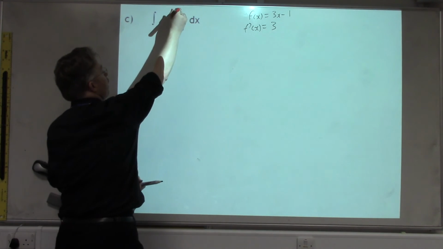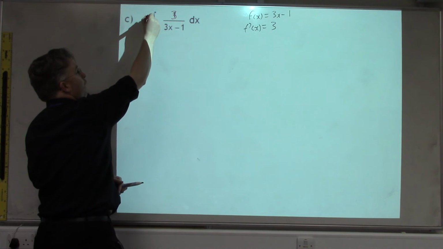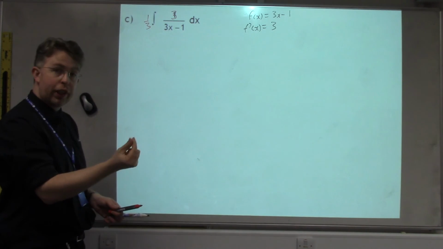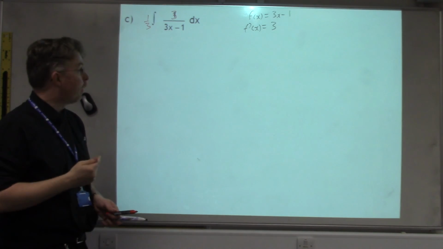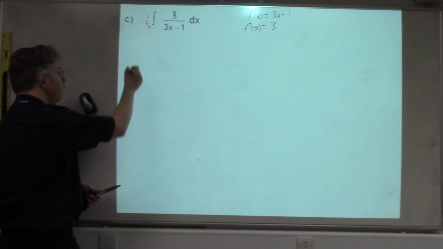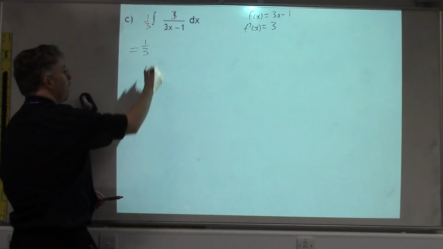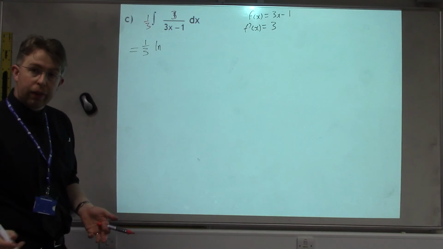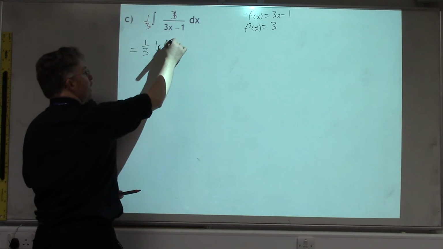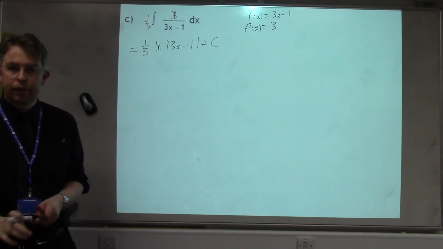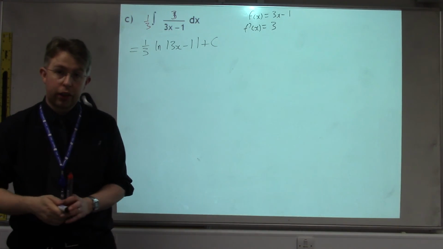So we want 3 at the top, but it's really 1. A third times 3 is equal to 1. So by putting a 3 at the top and a third at the front, we still balance down to 1. Integrating, the third stays at the front, but now the integral is simply ln of the denominator, so ln of 3x minus 1 plus c. And that concludes this section.